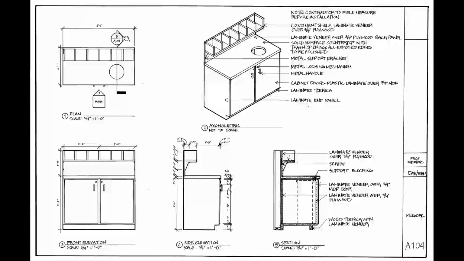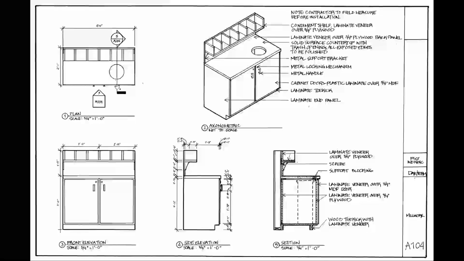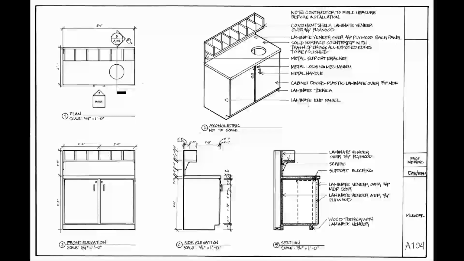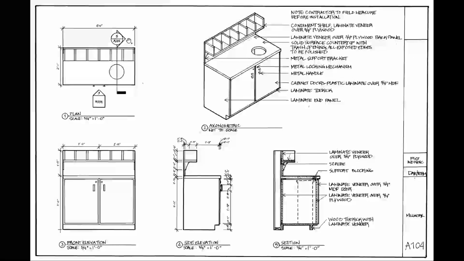So the first is a section tag, and this shows what would happen if I sliced right down the center of this piece of furniture, dropped a blade right down the center, and then looked in the direction of the arrow. It's kind of like an elevation, except that you're slicing through structure, and that's what makes it a section.